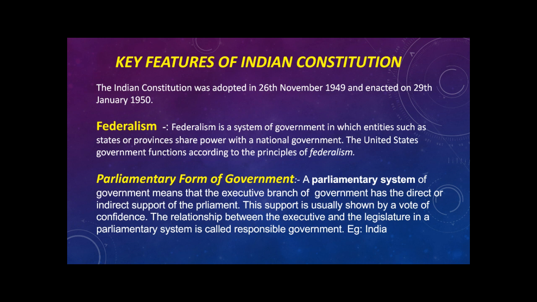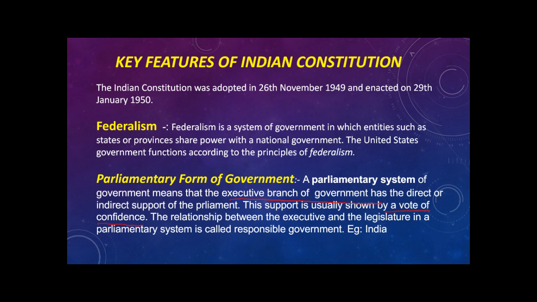The parliamentary form of government. The parliamentary system of government means the executive branch of the government has the direct or indirect support of the parliament. The support is usually shown by a vote of confidence.